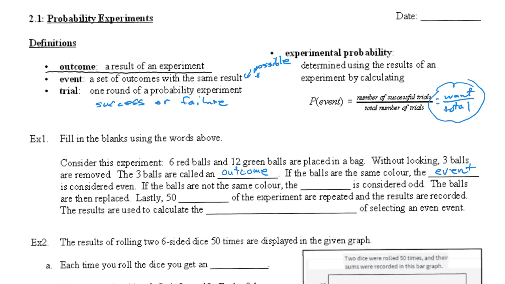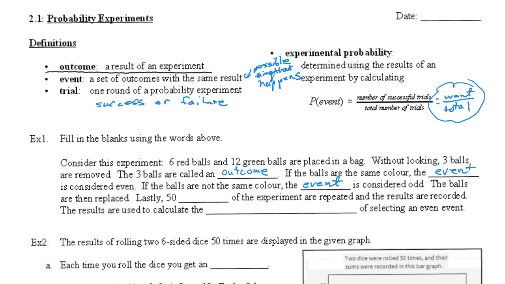Possible thing that happens. Okay, in this case, we say if the balls are the same color, the event is considered even. If the balls are not the same color, then the event is considered odd.